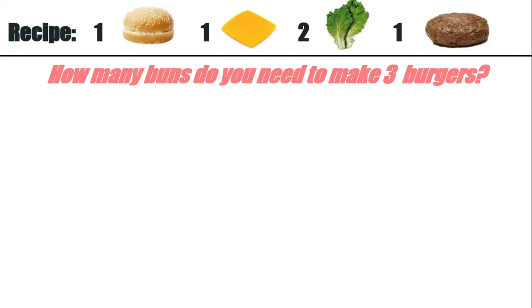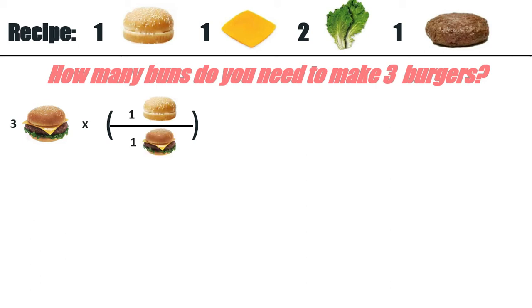We start with the given, three burgers. Then we multiply by the ratio of bun to burger: one bun and one burger in the bottom. The burger will cancel. Multiplying these two, we get three buns. So to make three burgers, you need three buns.